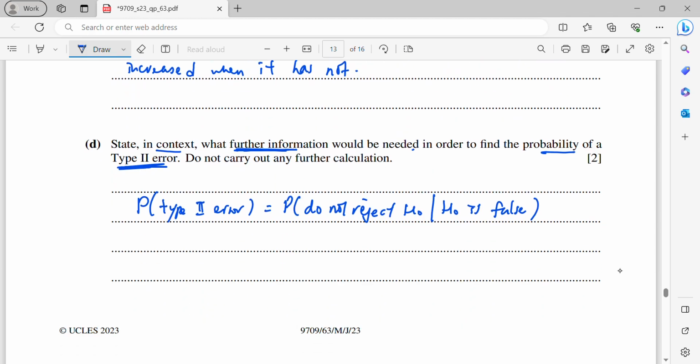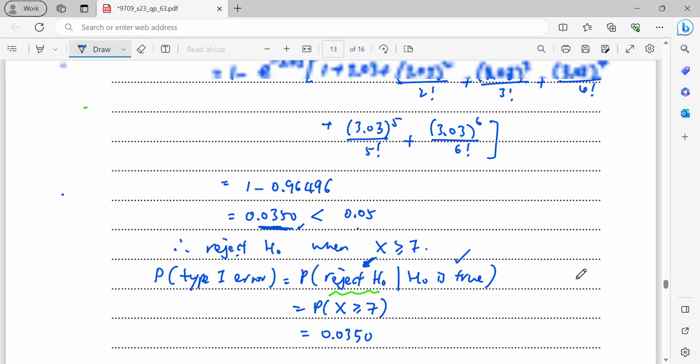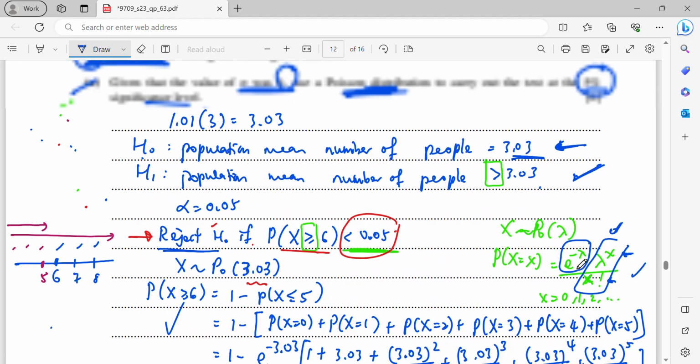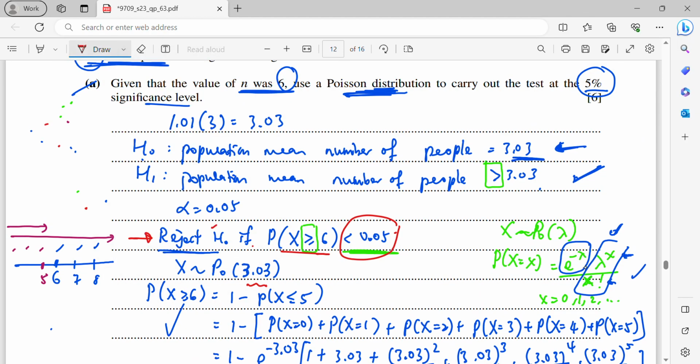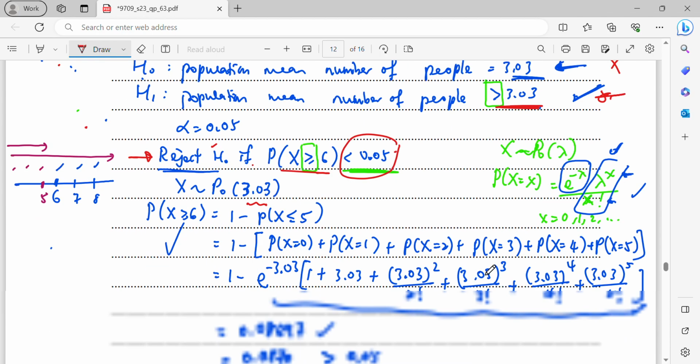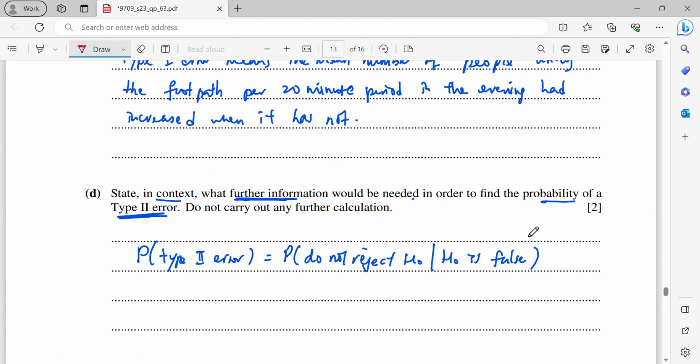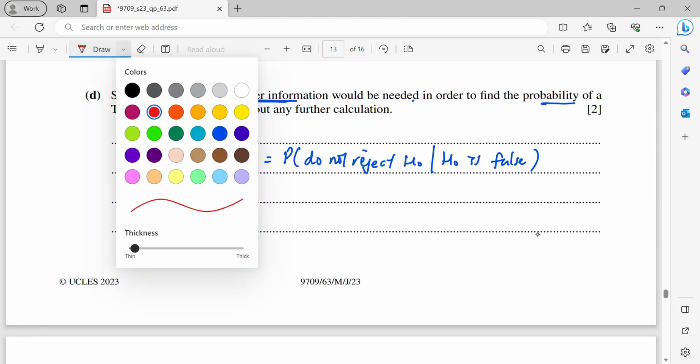If H0 is false, then we need to know the actual lambda value. Because in your H0 and H1 here, if H0 is false, it means this is wrong, then you have to accept the H1, which is greater than 3.03. So we need to know what the actual lambda value is. That is the first.